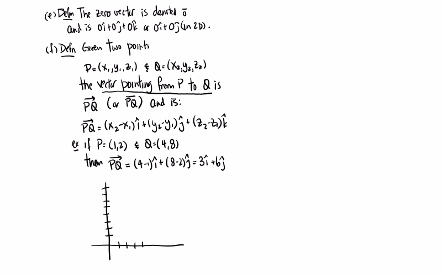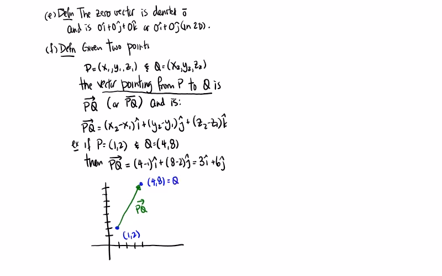And if you draw this, it becomes immediately obvious why we have this. So our points, let's make those blue. Our points are 1, 2, and 4, 8. So clearly, if I want to get from 1, 2 to the point 4, 8, I have to go 3 units over and 6 units up. So this is our PQ. Let me go back, let me mark those.